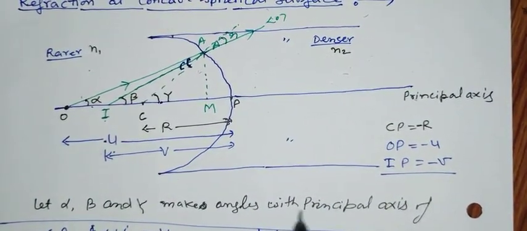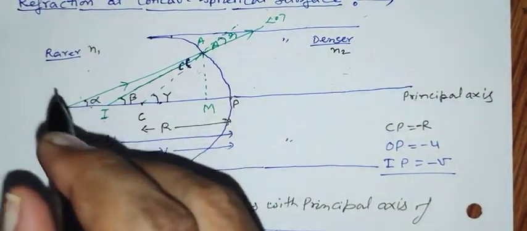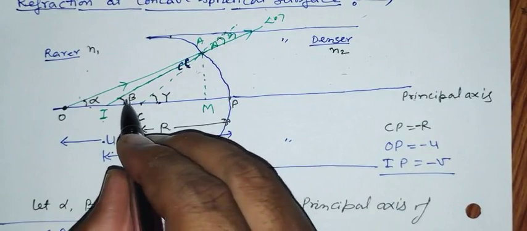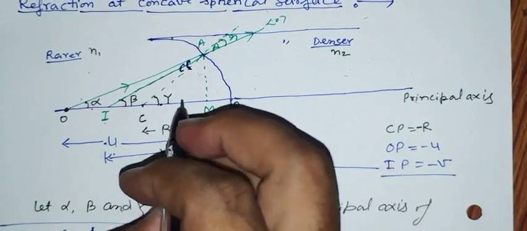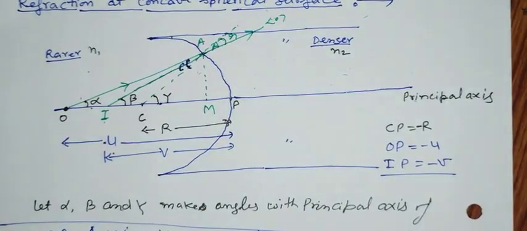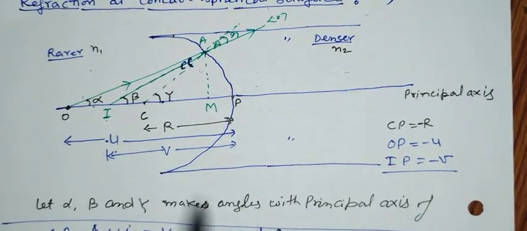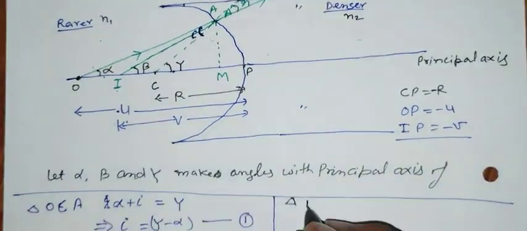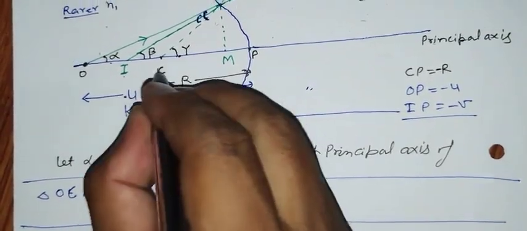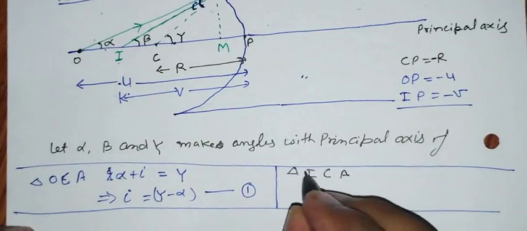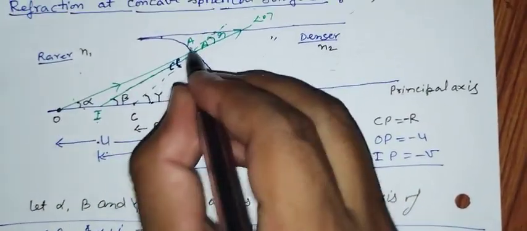For r, we want beta and gamma. We are going first of all to select triangle ICA.